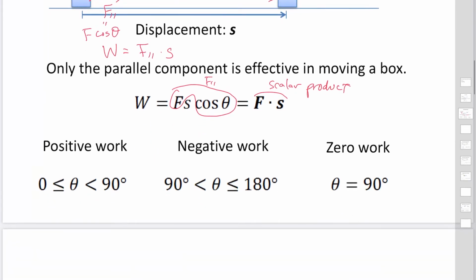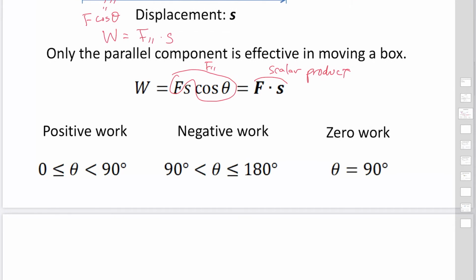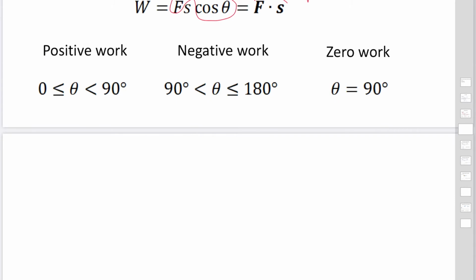Then we have positive work, negative work, and zero work. In the case where theta is between 0 and 90 degrees, the work becomes positive. When the applied force is in this direction, for example, and the displacement vector is this one, then theta is larger than 90 degrees. In this situation, work becomes a negative quantity.